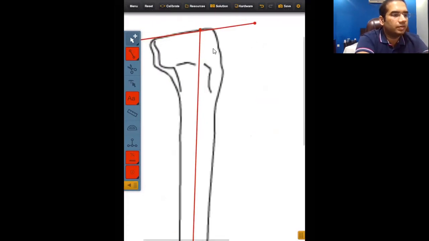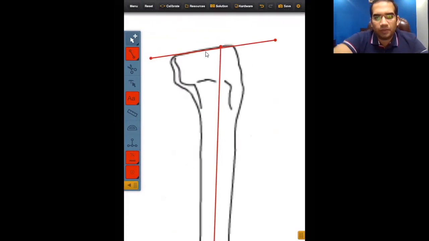Now we will see the angle which is formed, what this angle will be called.